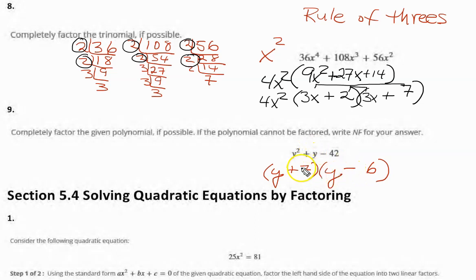And this checks out, and when I do my last, I get a negative 42. Okay, again, some of these were challenging. Judgment, art, practice, thought, study are all key items to get your answers. Let's wrap this one up.